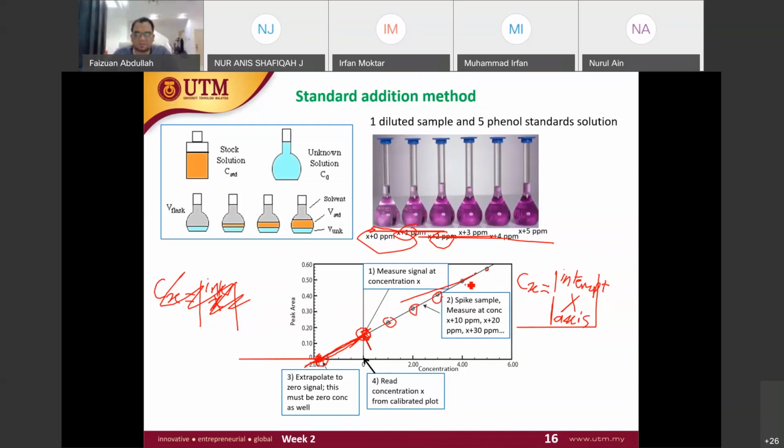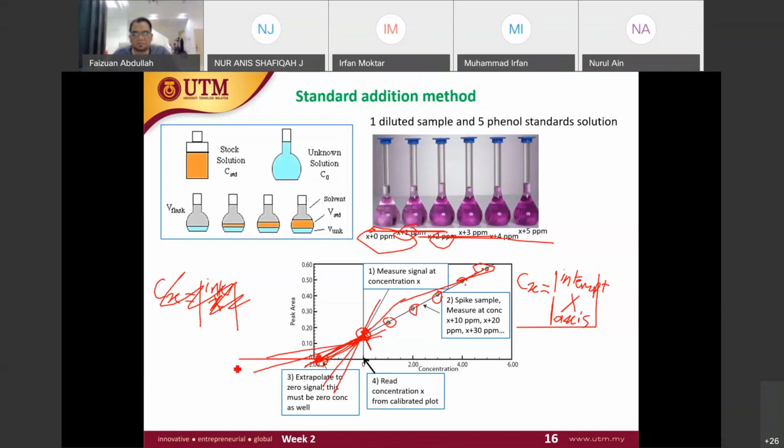So why do we need standard addition if we only want to know about the intercept? We could just analyze x plus 0 ppm at the y-axis, then extrapolate. But how do you want to extrapolate? Either this way or this way, or far away, this way.